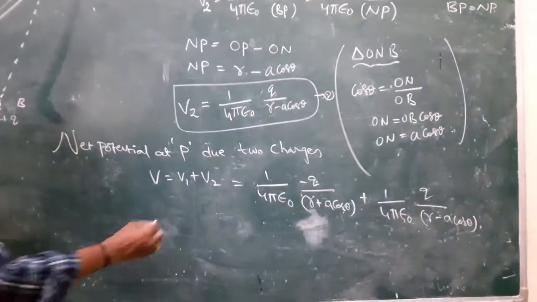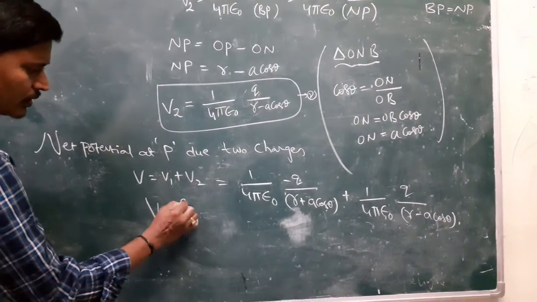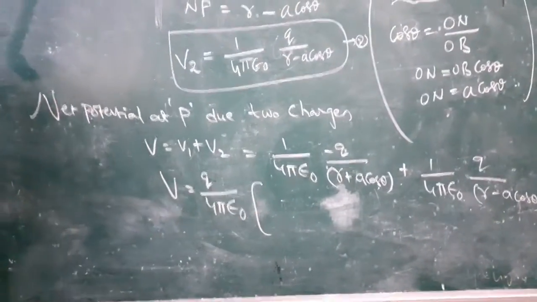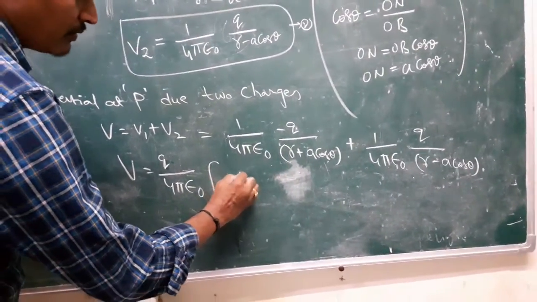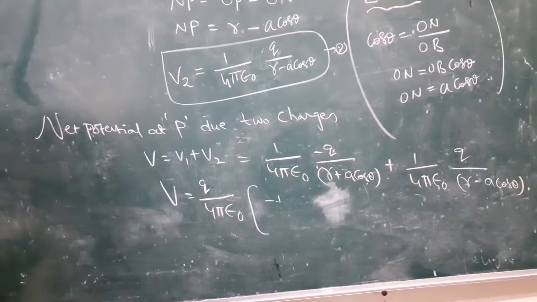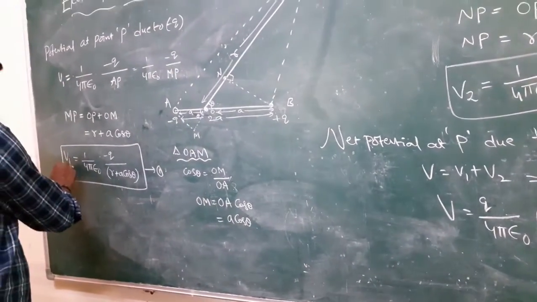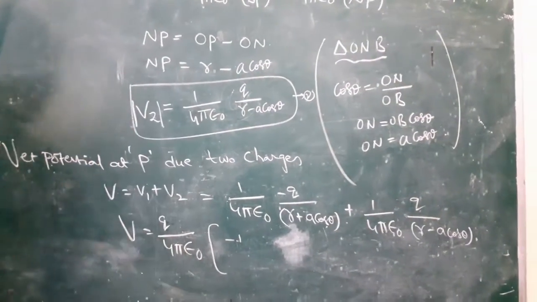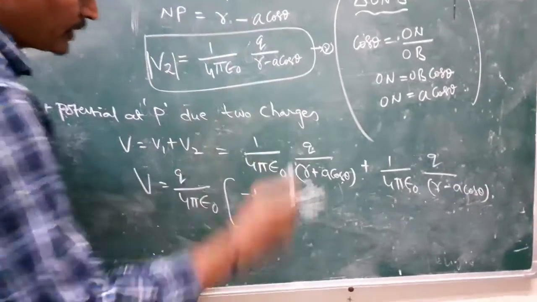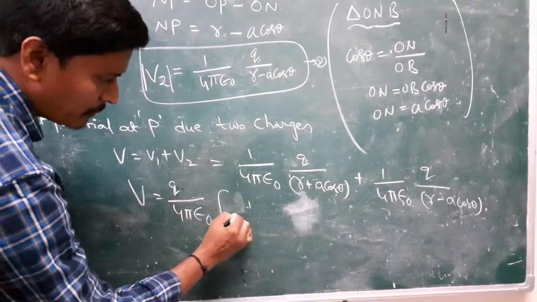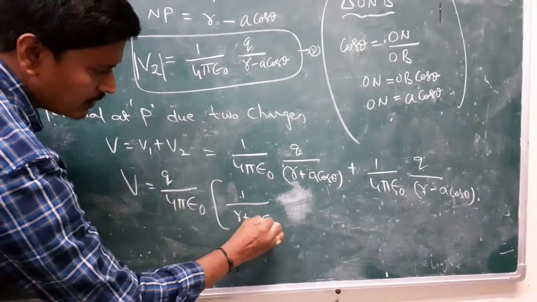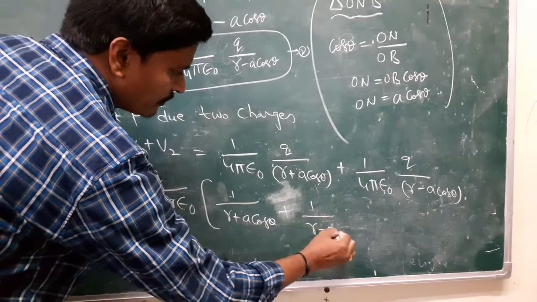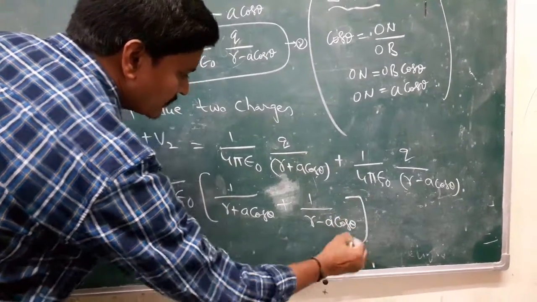Therefore V is equal to Q, take common, 1 by 4 pi epsilon naught into, only magnitudes we are considering, so no need to take the sign, 1 by r minus a cos of theta plus 1 by r plus a cos of theta.